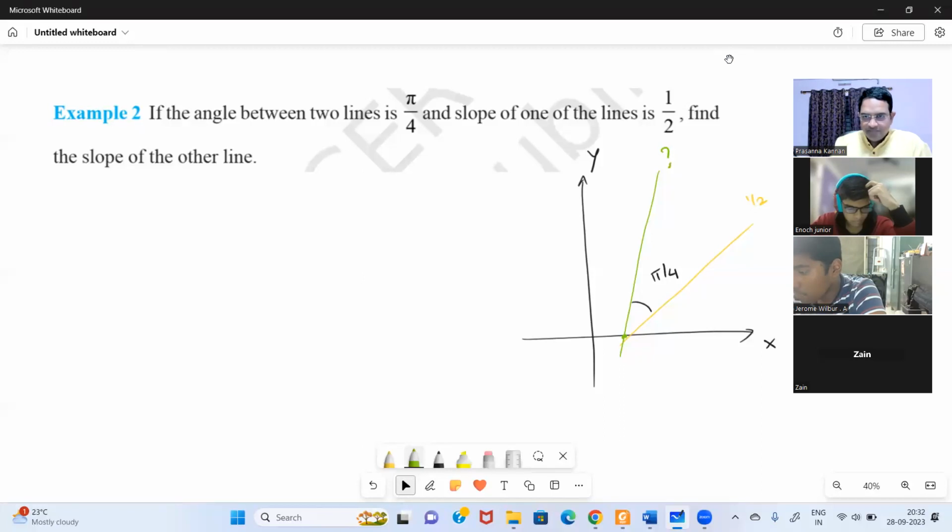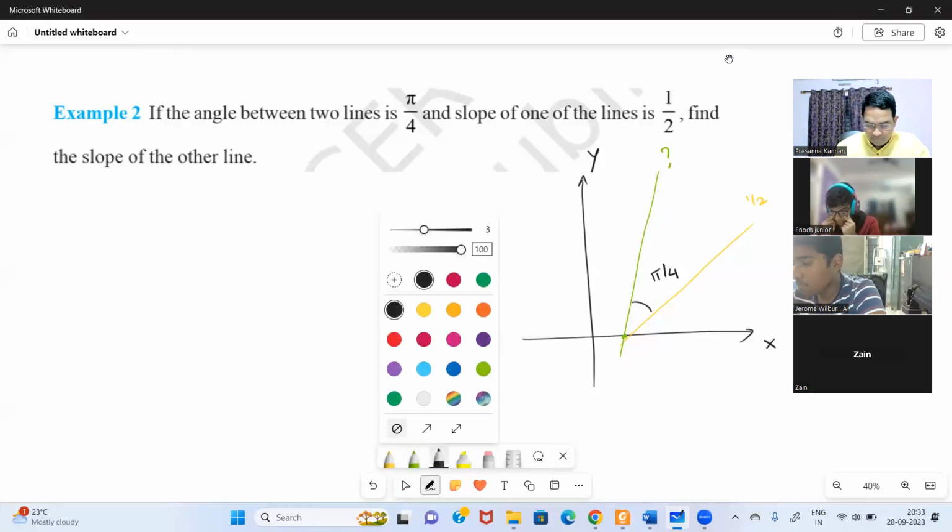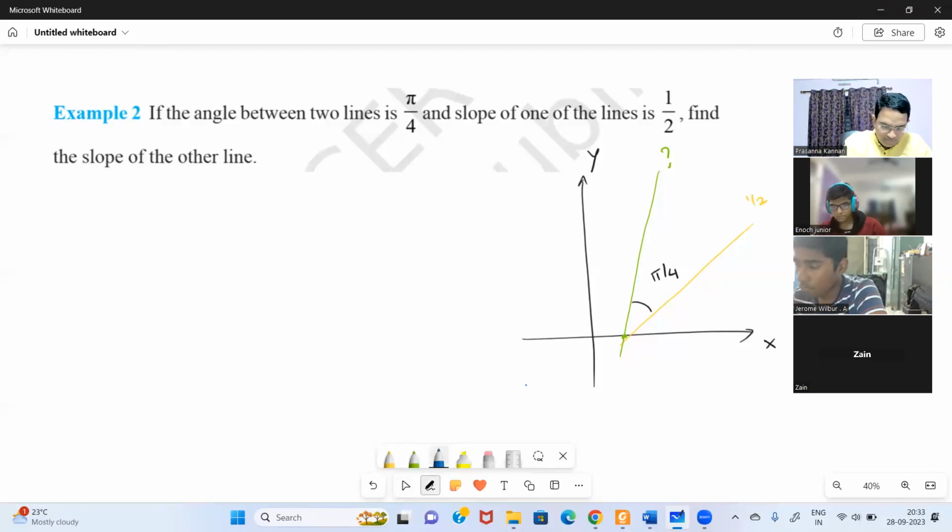Okay, students. Now, once again, I'm going to give you a formula.